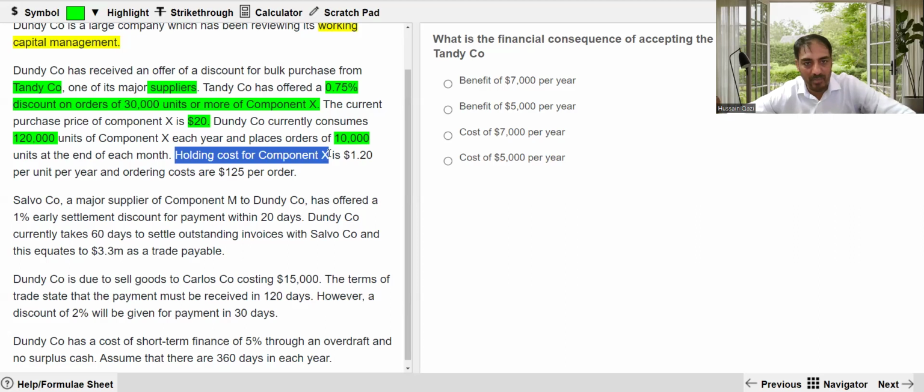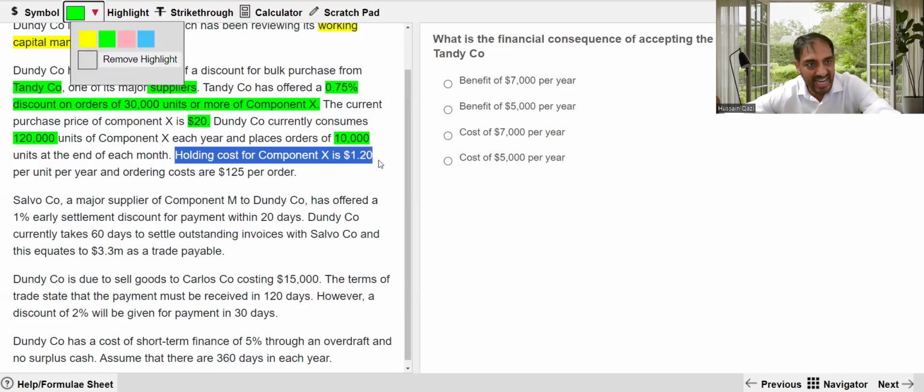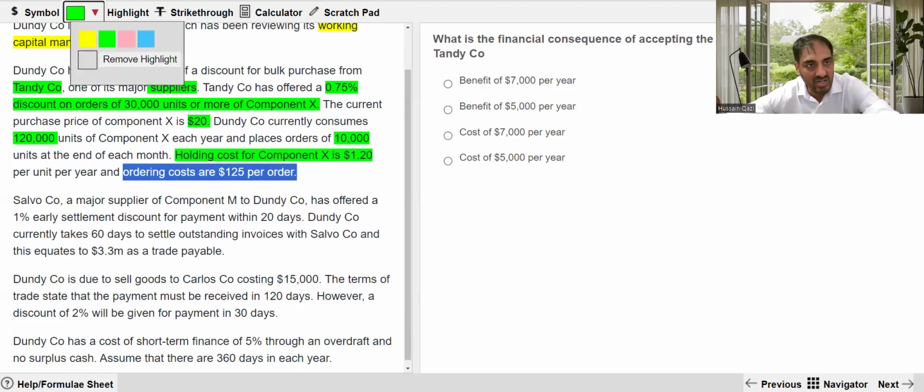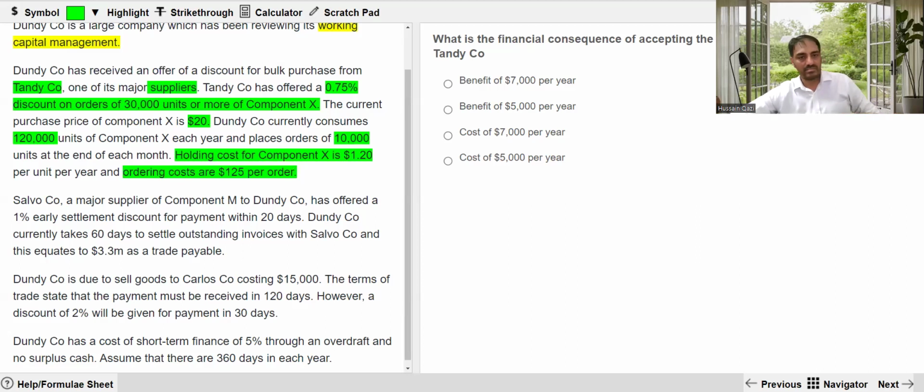Holding cost of component X is $1.2, and ordering cost is $125 per order.